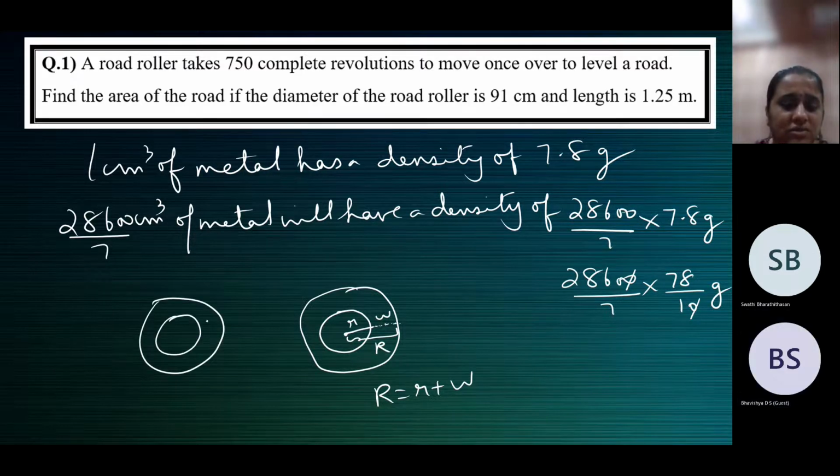And see here, what is this width? From here to here is capital R, and from here to here is small r. So this width will be capital R minus small r.